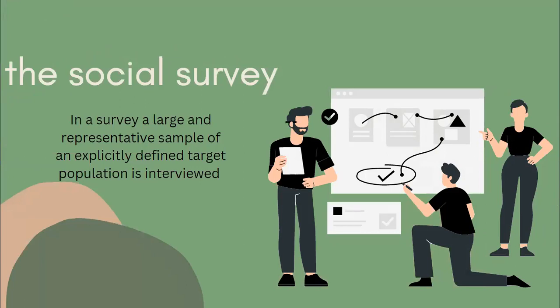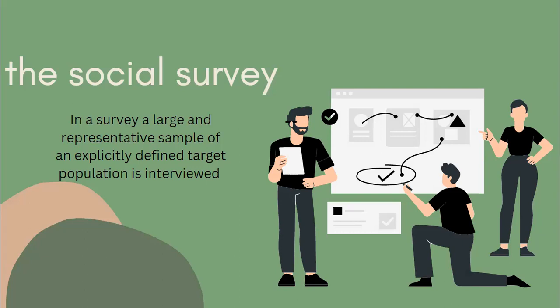The social survey is a second established primary data strategy, in the interview survey. You must also know that in a survey, you have a large and representative sample and an explicitly defined target population.